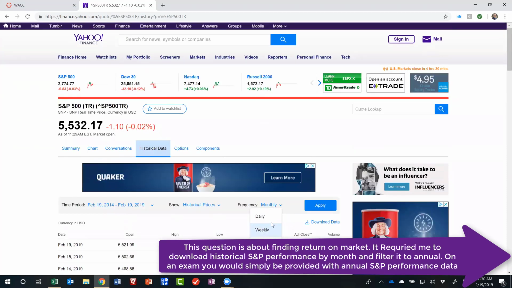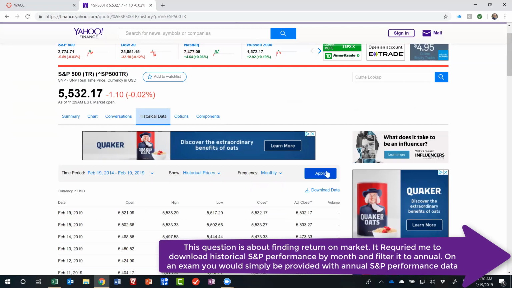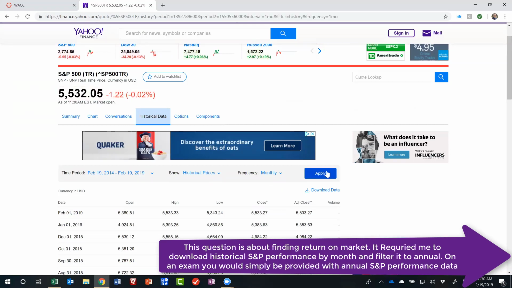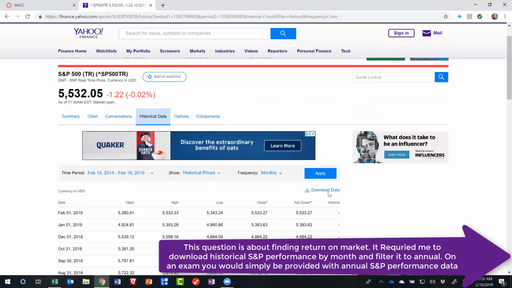Oh, can't pull annual data here. Let's pull monthly data. And let's download that.